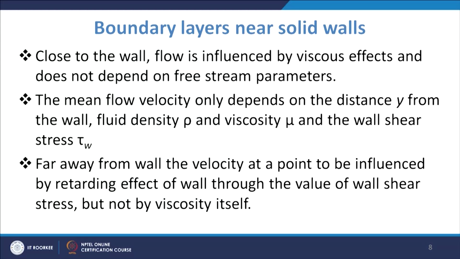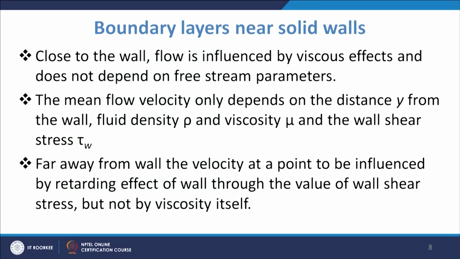Now, close to the wall, the flow will be influenced by the viscous effects and does not depend on the free stream parameters. The mean flow velocity will depend only on the distance y from the wall, fluid density rho, viscosity mu, and the wall shear stress tau w.